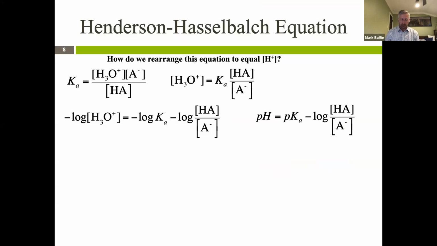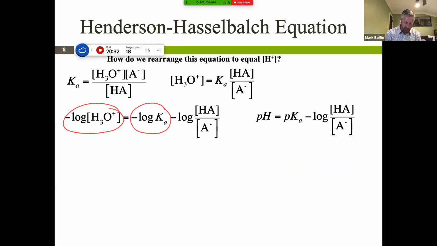So I simplified. We have pH, we have negative log of Ka or pKa, and then we have negative log of the weak acid over its conjugate base concentration. And then the last thing we're going to do is the Henderson-Hasselbalch equation.